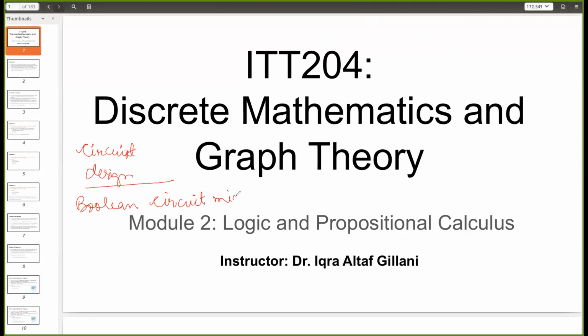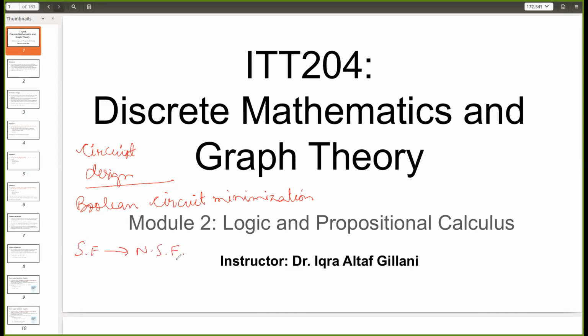So what is the prime idea behind Boolean circuit minimization? The idea is whenever you have any Boolean expression, which will obviously have an equivalent Boolean circuit, what you want to do is change the given expression from a standard form to a non-standard form.